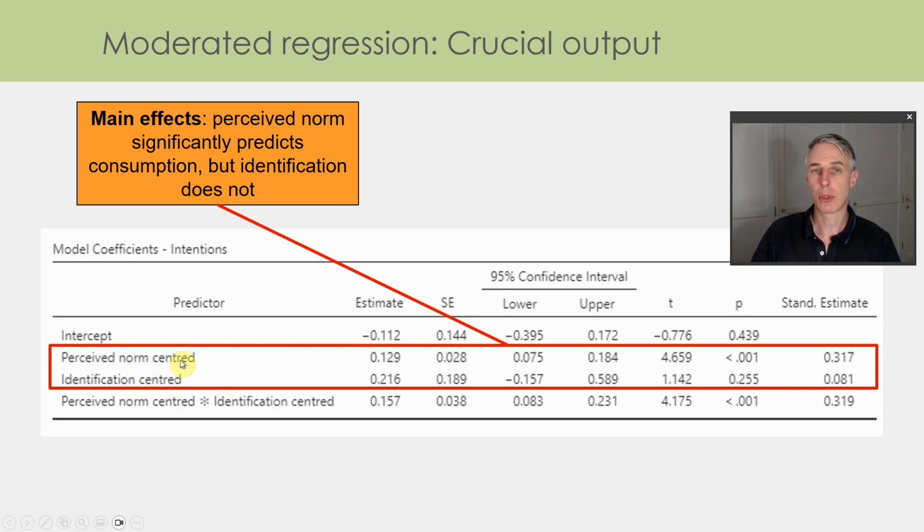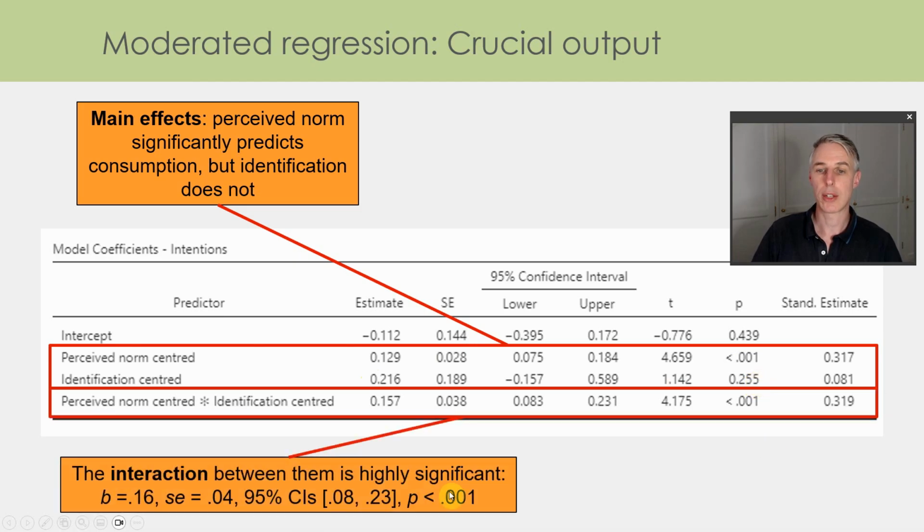So the more alcohol that people perceive other people as consuming, the higher their own alcohol consumption intentions. Okay, a positive coefficient. But identification in itself does not predict intentions.